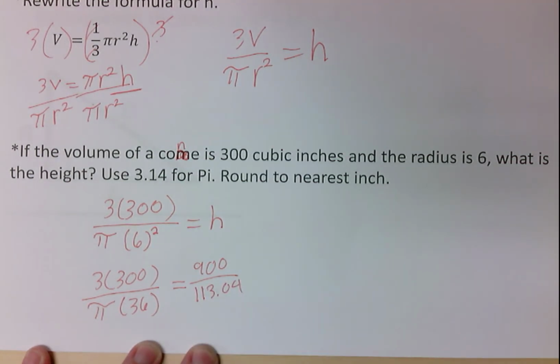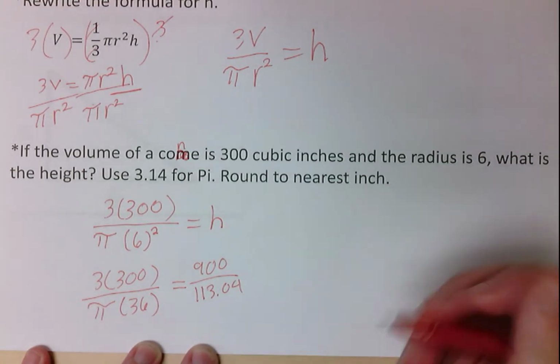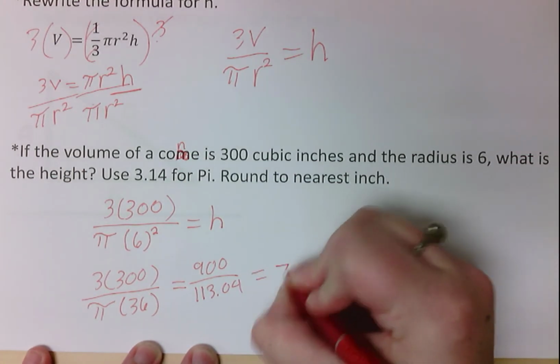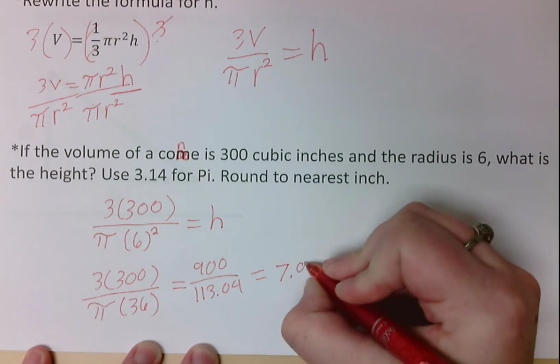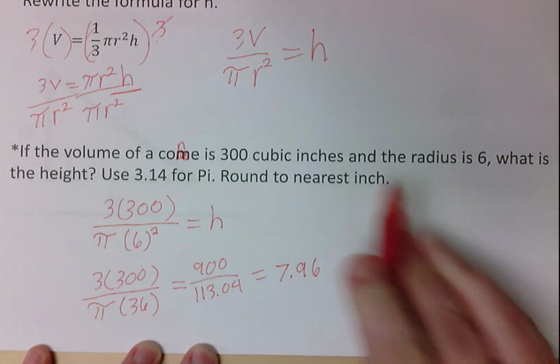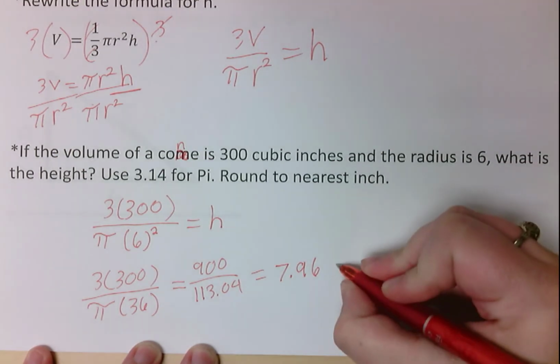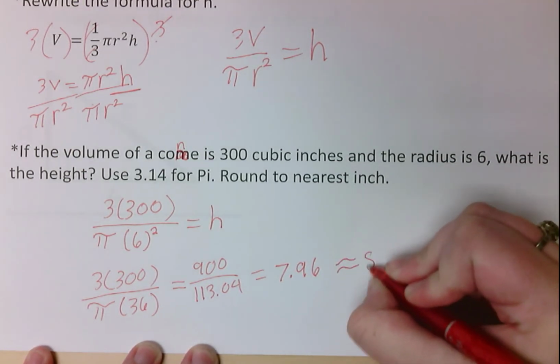Now 900 divided by 113.04 gives me 7.96, and they tell me to round to the nearest inch, which would be approximately 8 inches.